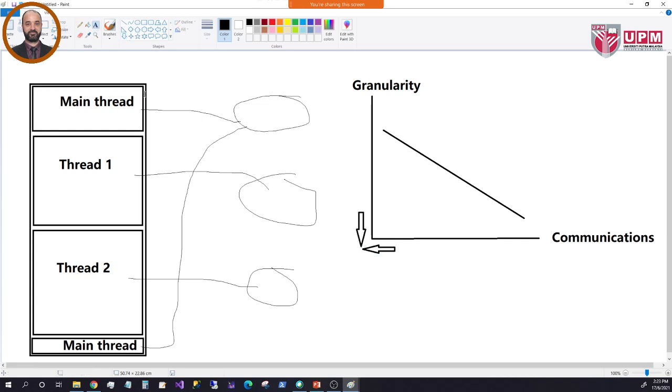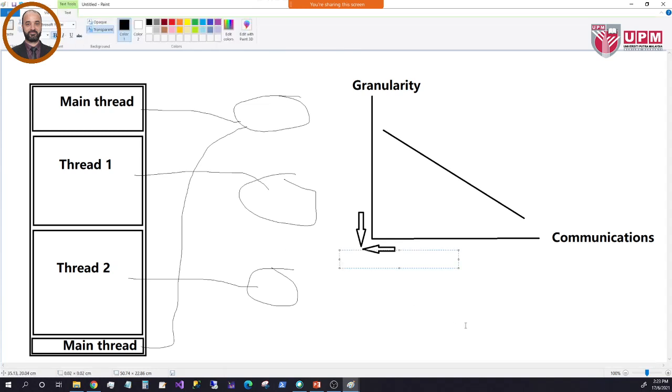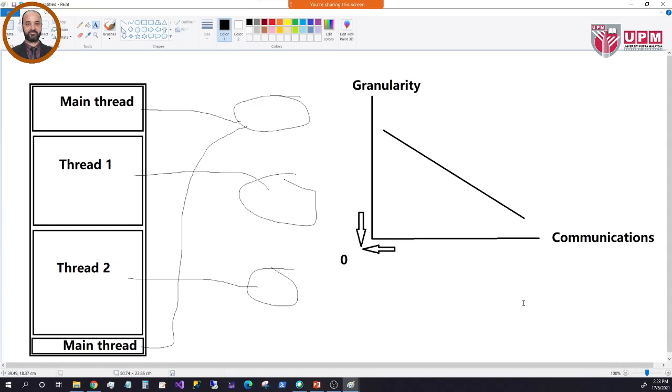And 0 is somewhere here, because we cannot say the granularity is 0 or the communication is 0. So if granularity and communication is 0, then the program is serial, right? So whenever the granularity increases, the communication will increase, right?